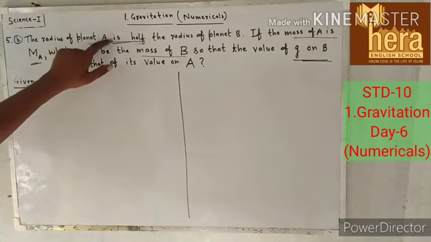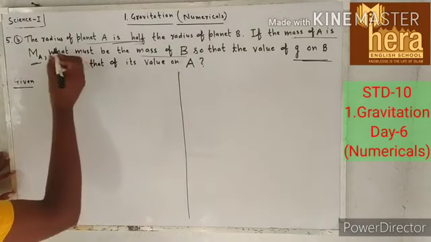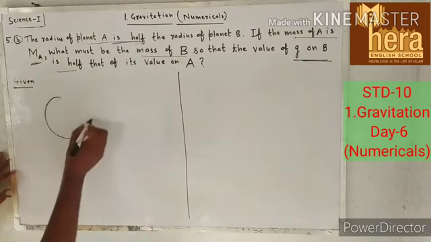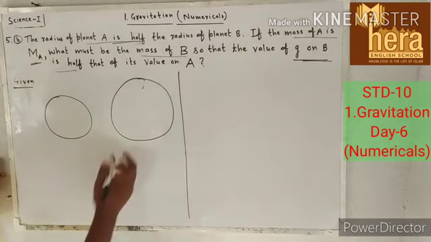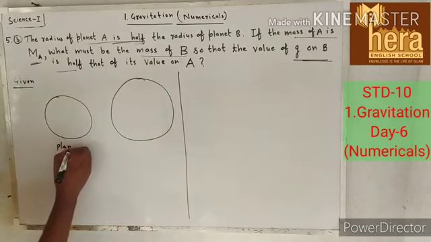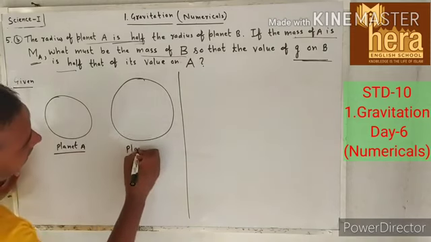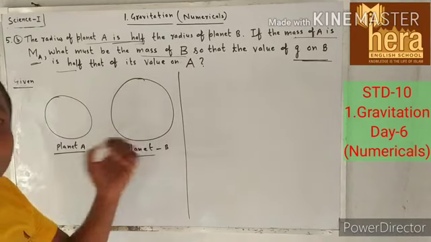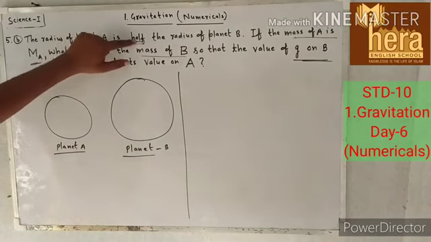The radius of planet A is half the radius of planet B. This is planet A and this is planet B. In given you can make the diagram, okay, no problem. Or otherwise you have to write in the language.